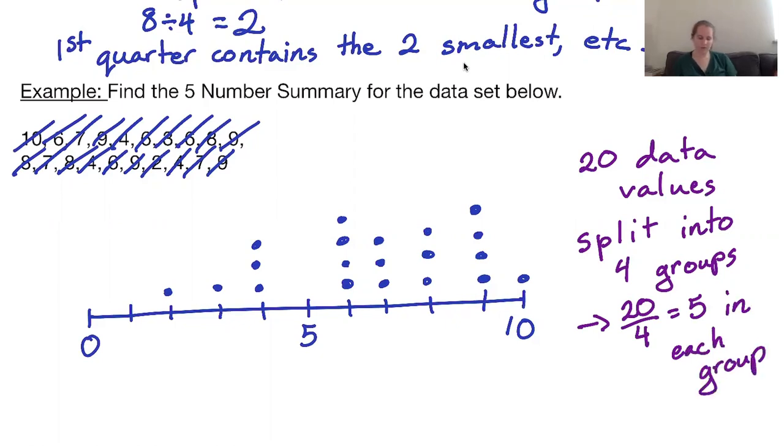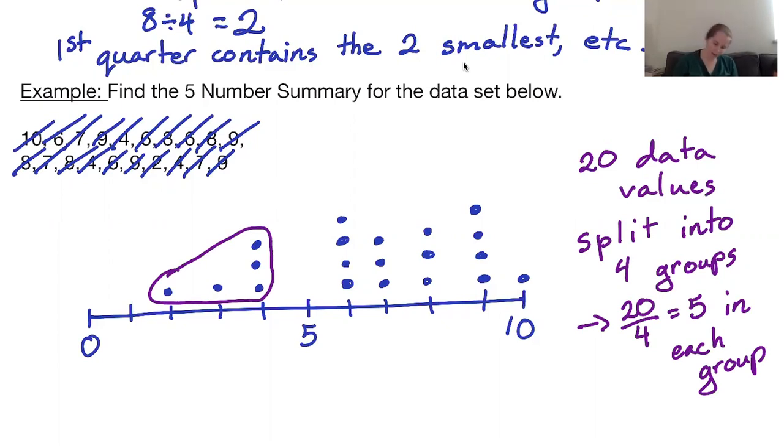So what we are going to do is just find our 5. So our first 5 dots are here, right? The 2, 3, and then 4, 4, 4.